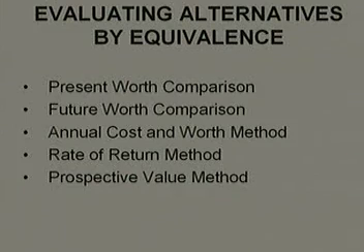So there are different ways of evaluating alternatives as far as economics is concerned. The first and most common you will find is the present worth comparison. If you look at this slide, it shows present worth comparison. Please look at the slides.